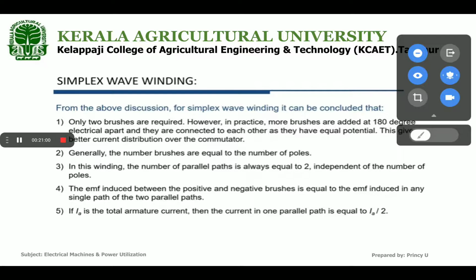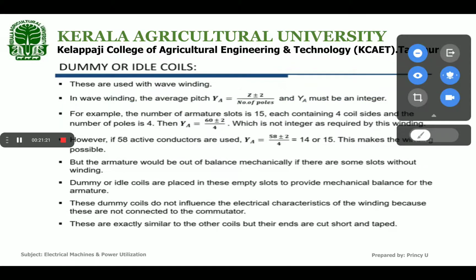The EMF induced between the positive and negative brushes is equal to the EMF induced in any single path of the 2 parallel paths. The EMF in both parallel paths is always the same, so it equals the EMF of either one. And if the total armature current is IA, then the current in one parallel path is IA by 2. Okay, these are the conclusions.